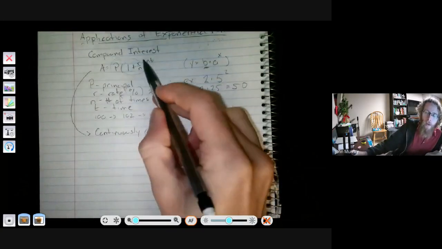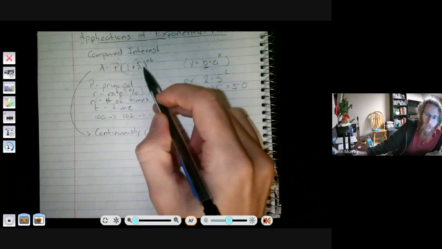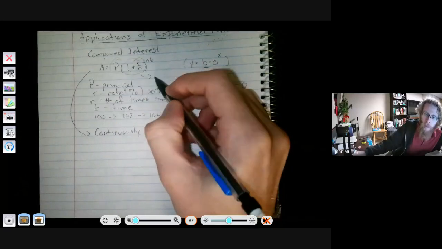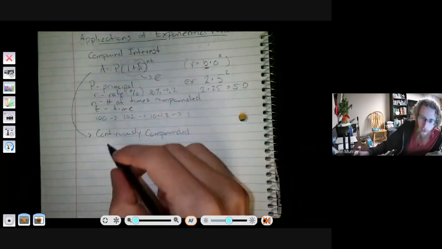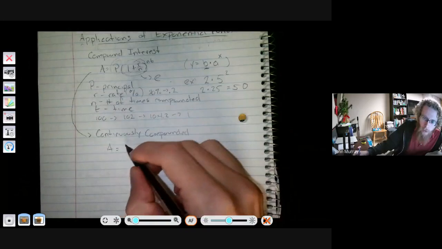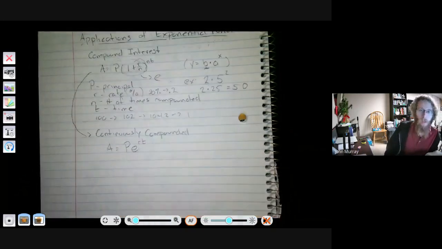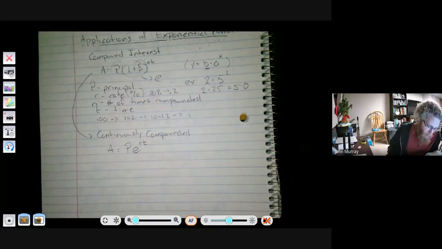And this part here, it doesn't really matter what the rate is, but as that n gets larger and larger, this part here mathematically goes towards our natural exponential function. So continuously compound interest, there's a different function. We still have the P, e to the rt. All right, so we're going to take a look at a few examples with this.